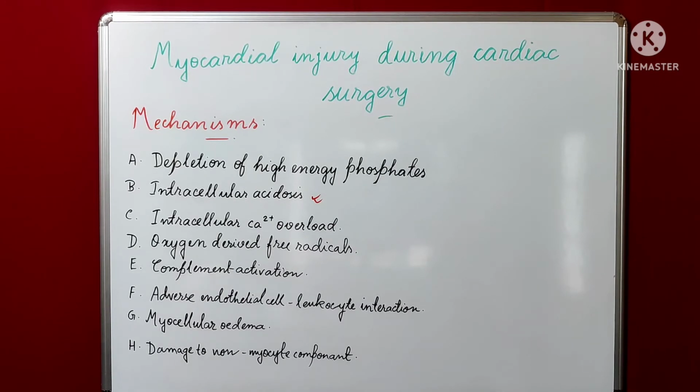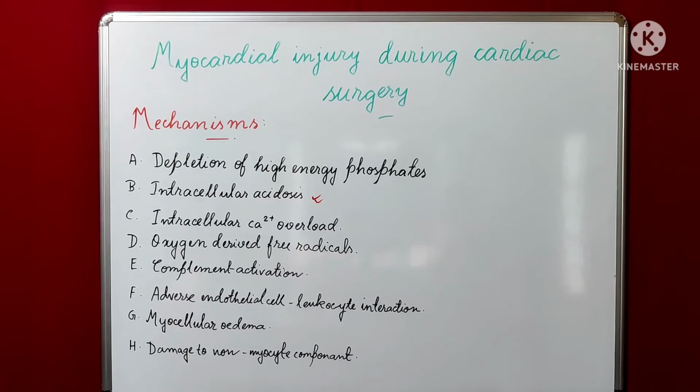If reperfusion of coronary microcirculation does not occur, then the ischemia will be more adverse, and due to that again myocellular injury will occur, and the severity of myocardial contractile dysfunction will increase.